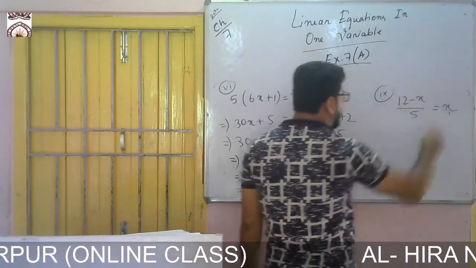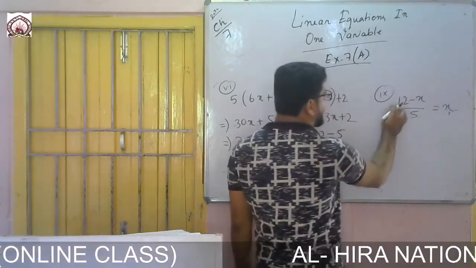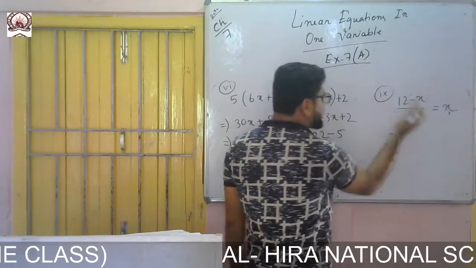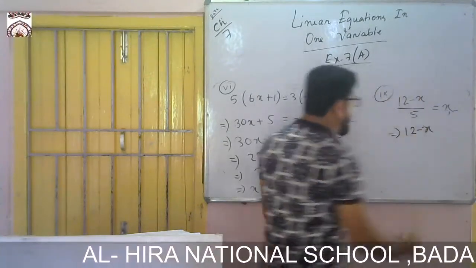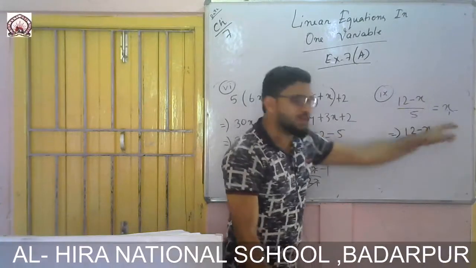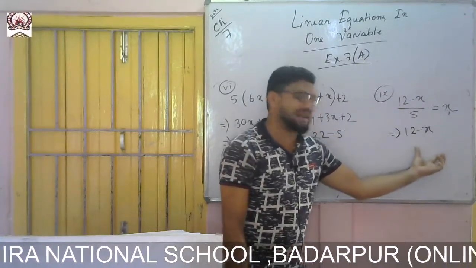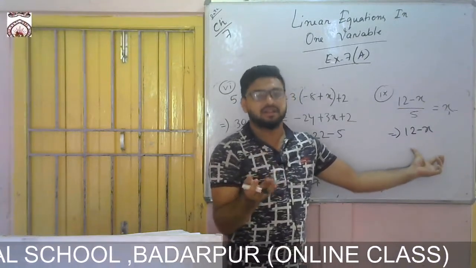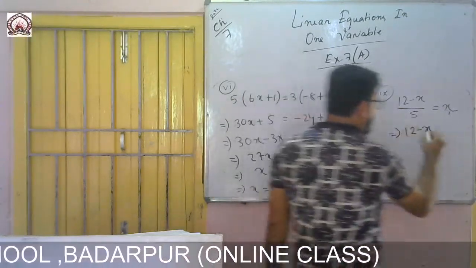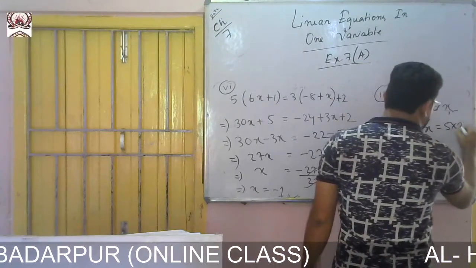If you cross multiply, it will go like this: 12 minus x into 1. Again it will come 12 minus x, because if you multiply anything with 1, it doesn't change. And here 5 into x.